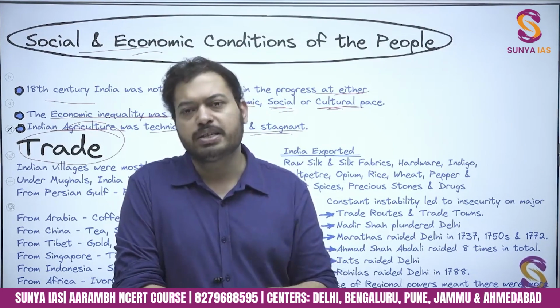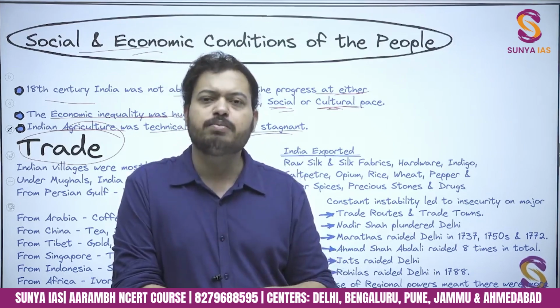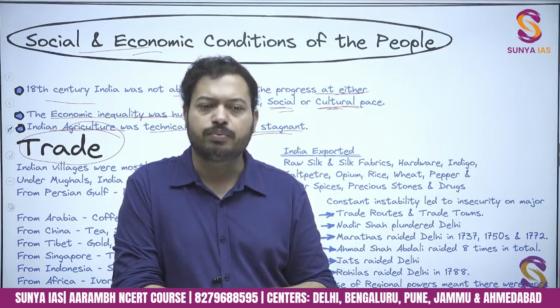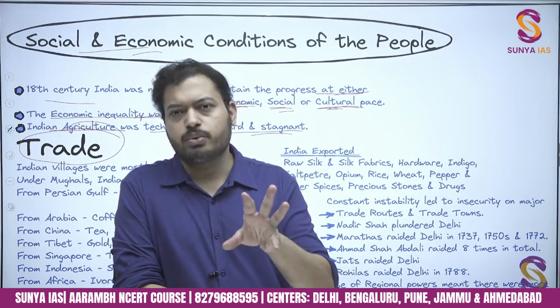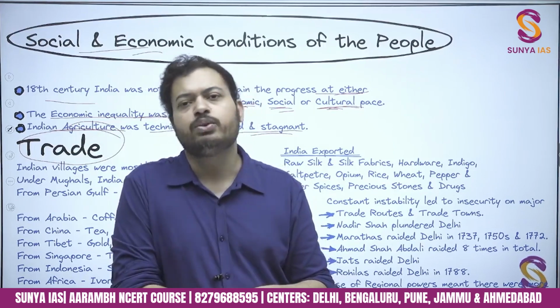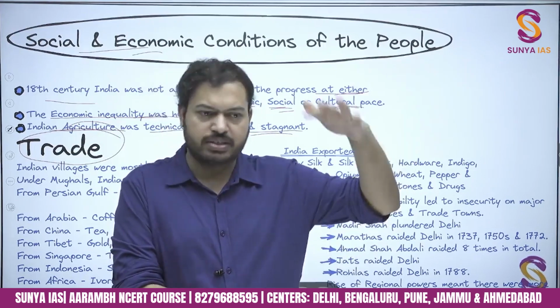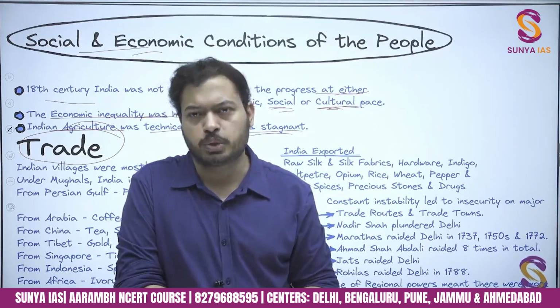So that was the basic idea. But India was a major exporter of products, and handicrafts in particular were exported from India in huge amounts. The textile industry is not the only thing. Even beyond textiles, a lot of things were exported from India.